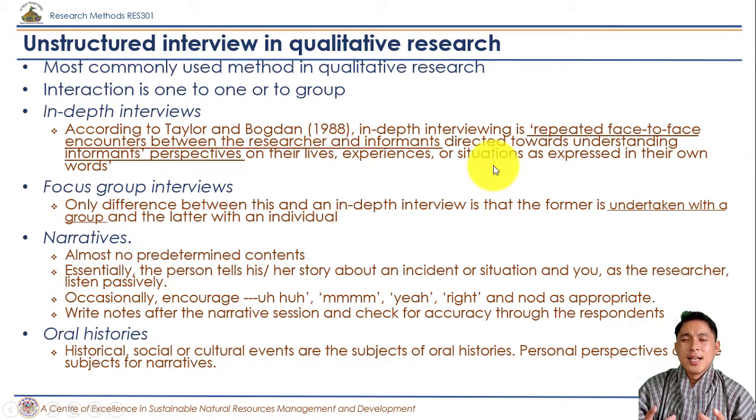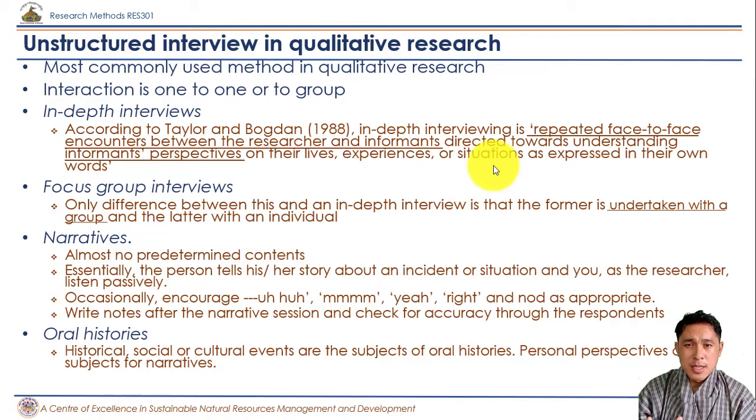So basically, you are repeatedly asking different questions to the respondents to get in-depth knowledge about your research objectives. You are asking repeated questions which are not exactly structured in the interview schedule. So that's one of the methods of unstructured interview.